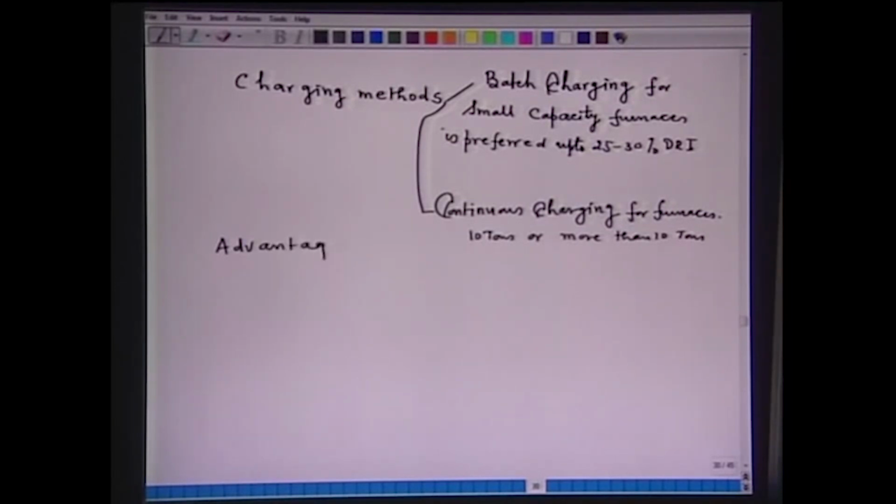You can think of the roof of the electric arc furnace where 3 electrodes are inserted. Still there is a space on the roof, and that space can be used for charging sponge iron continuously as and when it is required in the electric arc furnace. So, you can think of the advantages, because now you do not need to open the roof for charging as you have to do for the batch process of charging.